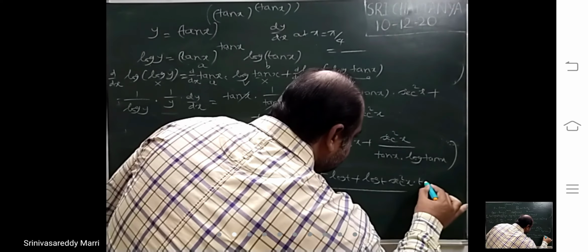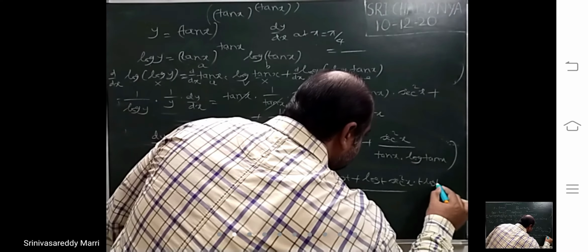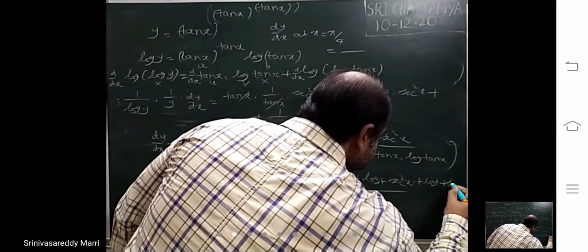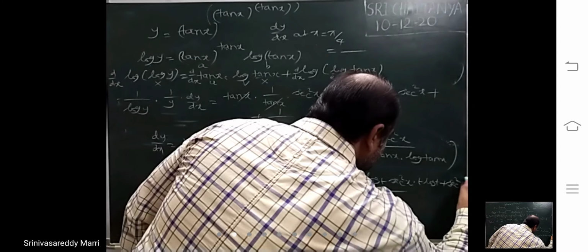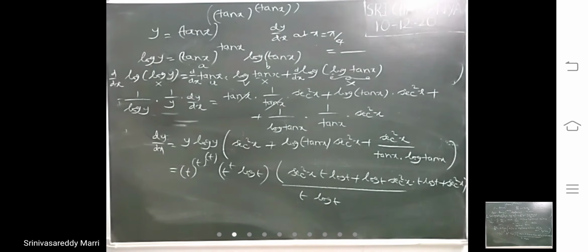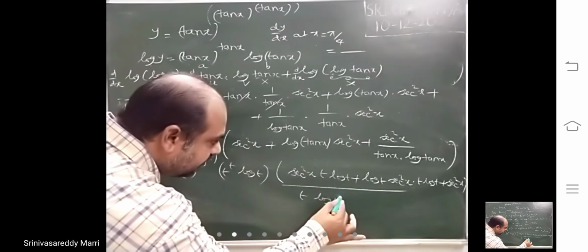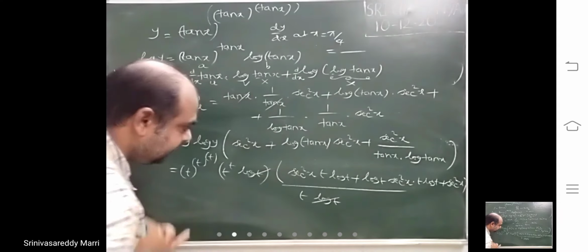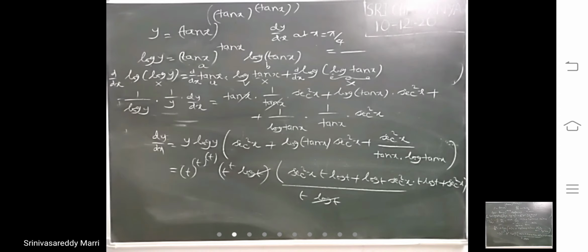I am taking the LCM. Plus secant square x. Now if you look at, log t got cancelled.